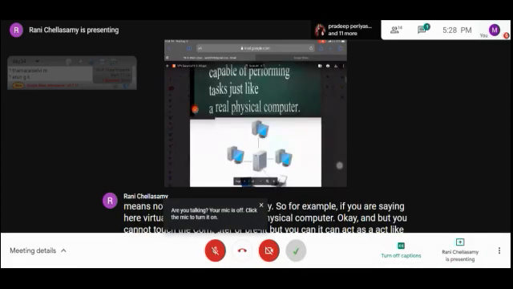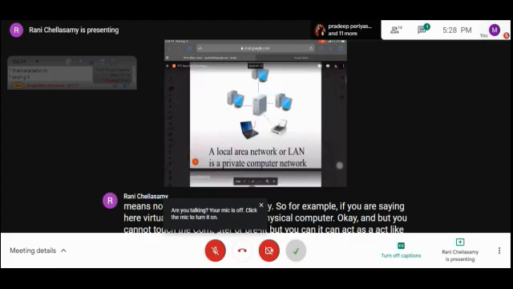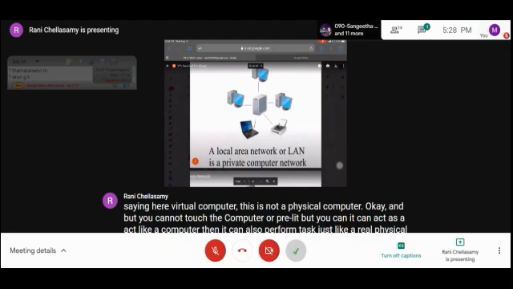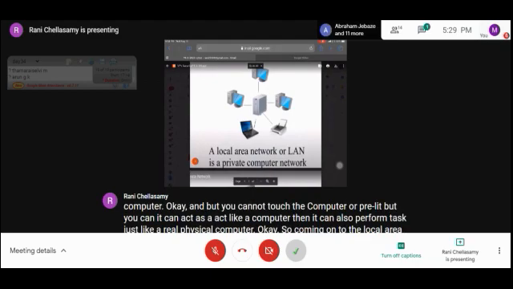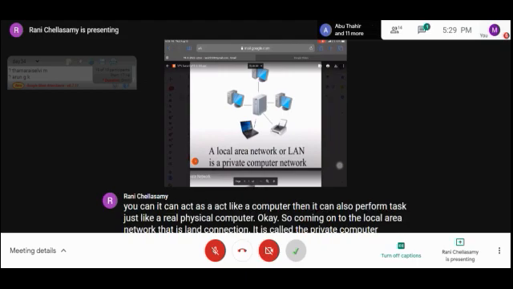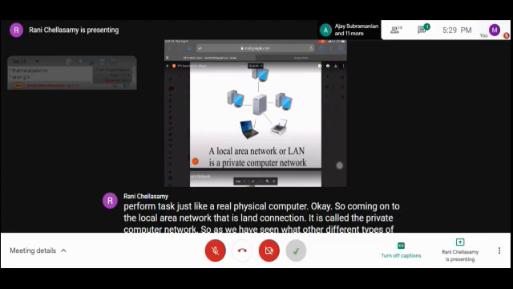Coming to the local area network, that is the LAN connection, it is called a private computer network. As we have seen, the different types of networks available are LAN, MAN and WAN, and in addition we have already seen VPN.